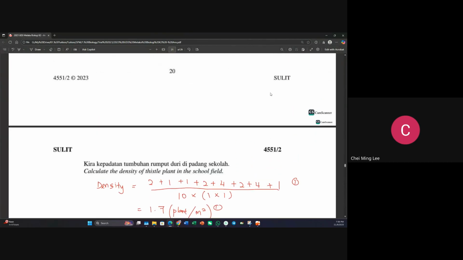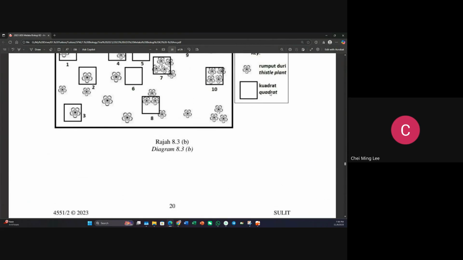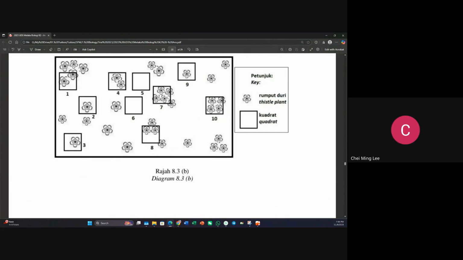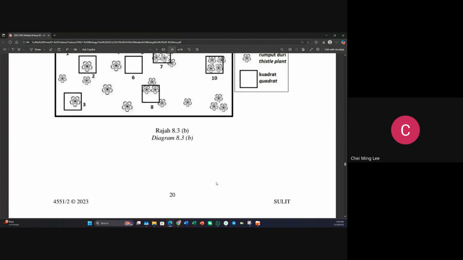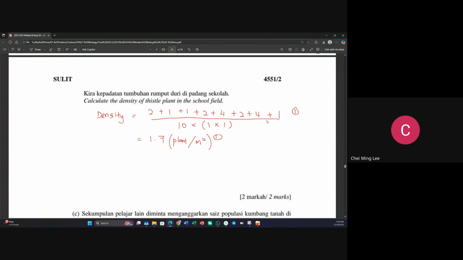There are 10 of them, correct? So we say 2 plus 1 plus 1 plus 2 plus 0 plus 2 plus maybe 4 plus 1 plus 4, something like that. So you should get around 1.7 plants per meter squared. This is 10 quadrats times 1 meter times 1 meter.